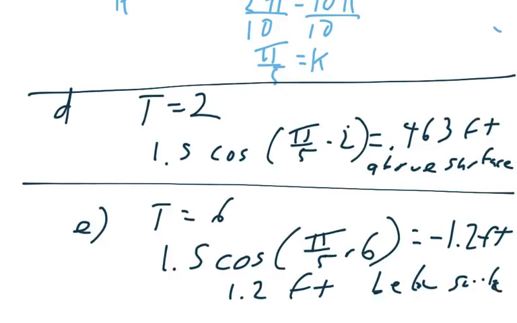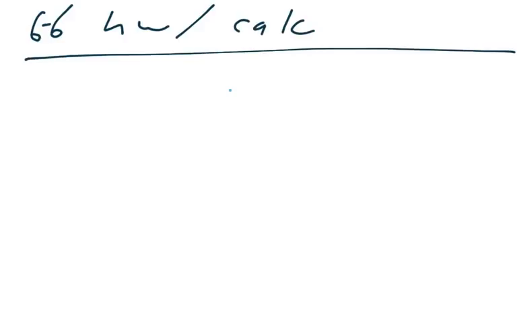Alright, that is it. I suggest that you start working on your 6-6 homework, because you have the calculators here. I'm going to show you one thing if you want to start working, if you like the way that this works. If you want to figure out a different way to do problem number 1, I'm going to show that right now.